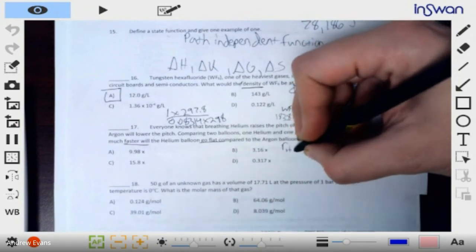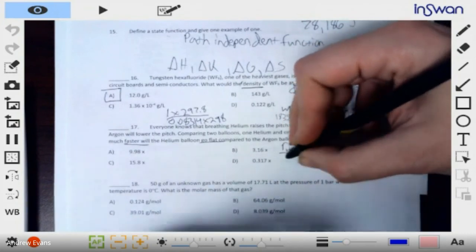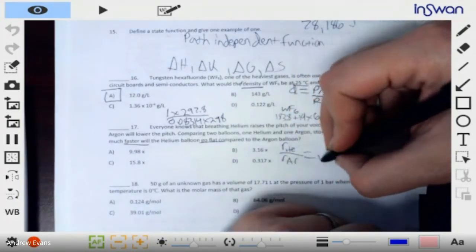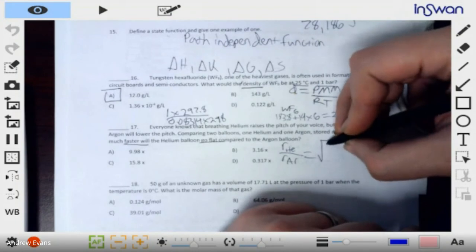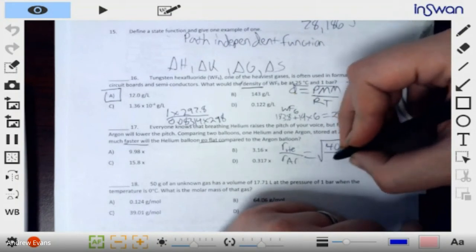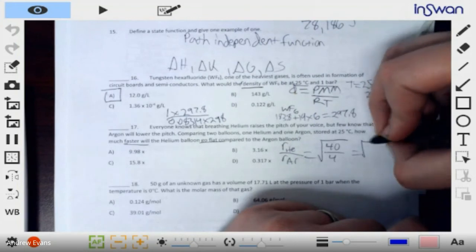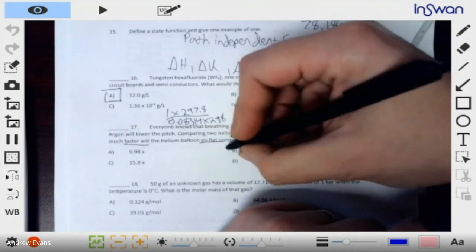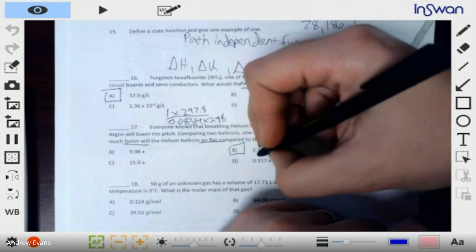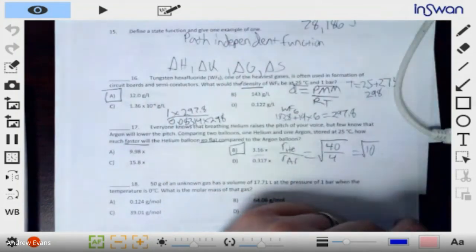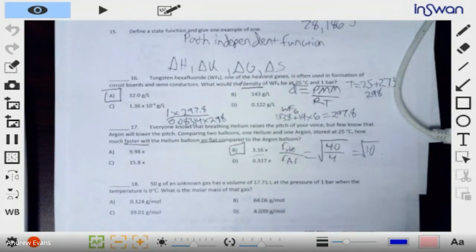So rate of helium over rate of argon will give us the rate comparison. The molar mass of argon is about 40, helium's about 4. This simplifies to the square root of 10, which is about 3.16. You should always get a number that's greater than 1. This is the number you get if you forget the square root. But that's that.